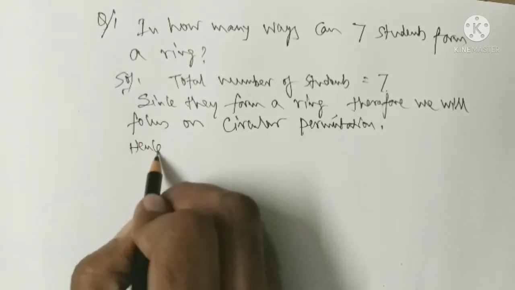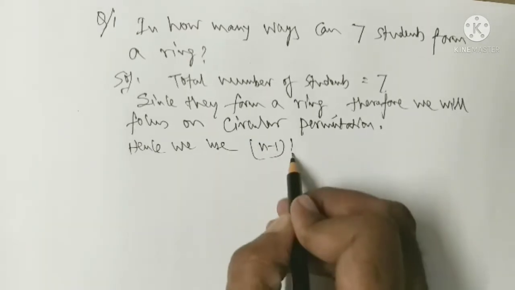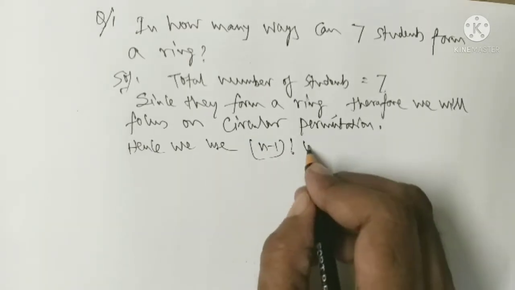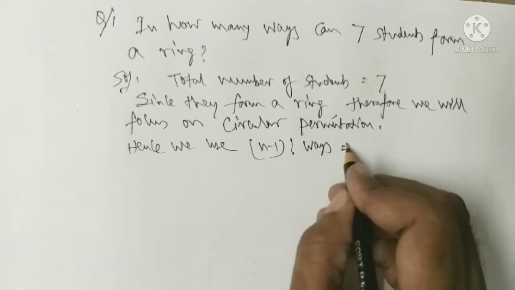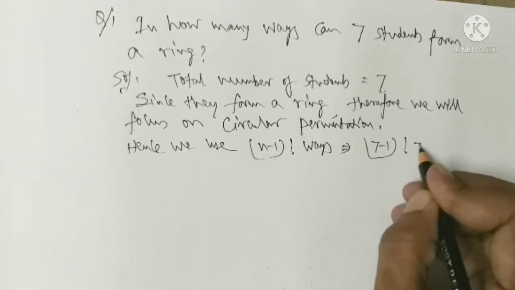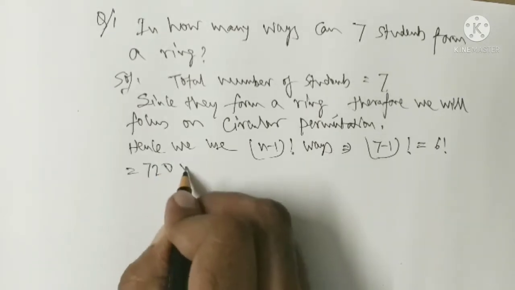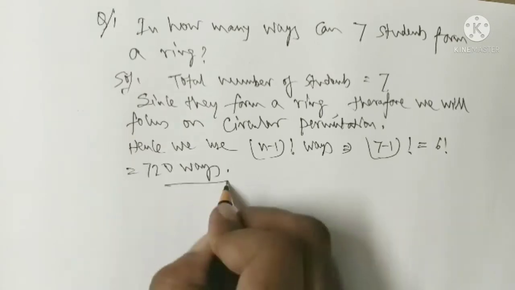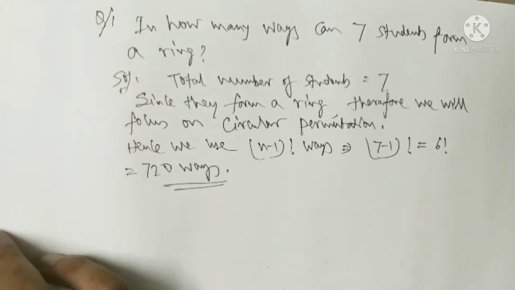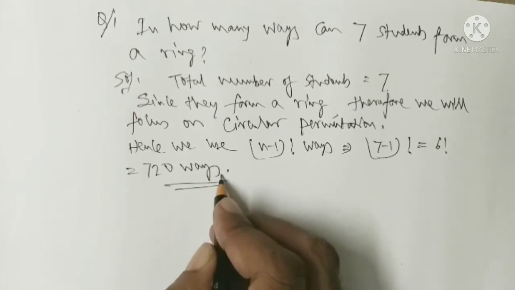Hence we use n-1 factorial ways, that is 7 minus 1 factorial equal to 6 factorial equal to 720 ways. The answer is complete, that in how many ways can 7 students form a ring, that is in 720 ways they can form a ring.